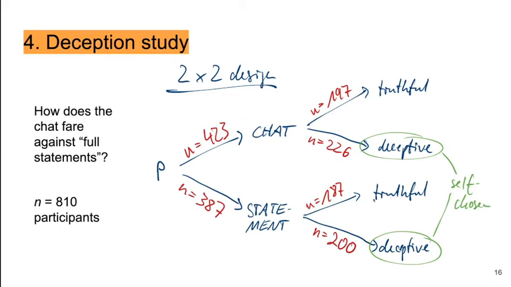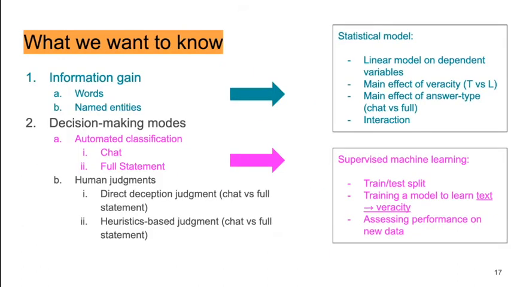The lies were self-chosen, which I'll come back to at the end of this talk as a problematic issue or potential limitation. What we want to know is how much information we gain in either mode of eliciting statements. And then what about different decision-making models? What if we do automated decision-making, so machine learning classification, or if we ask humans to read the statements and the chat protocols and then make a judgment?